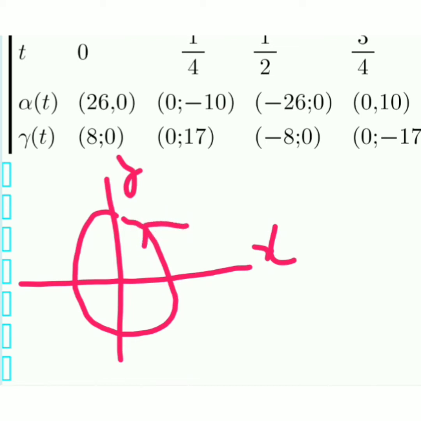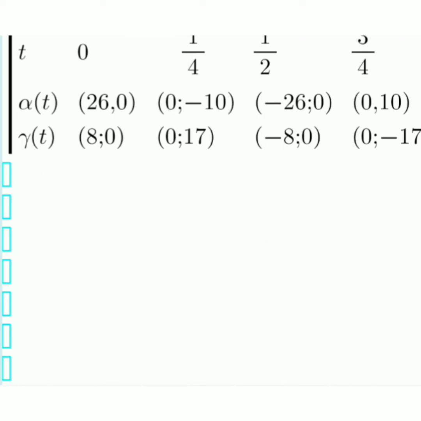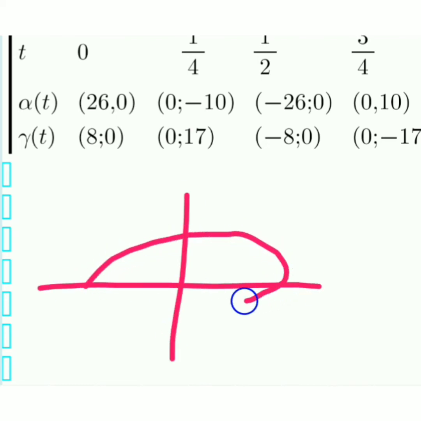So friends, this moving is the positive direction. Gamma t is positive way, and next is this way, next should be this way, direction should be this way.